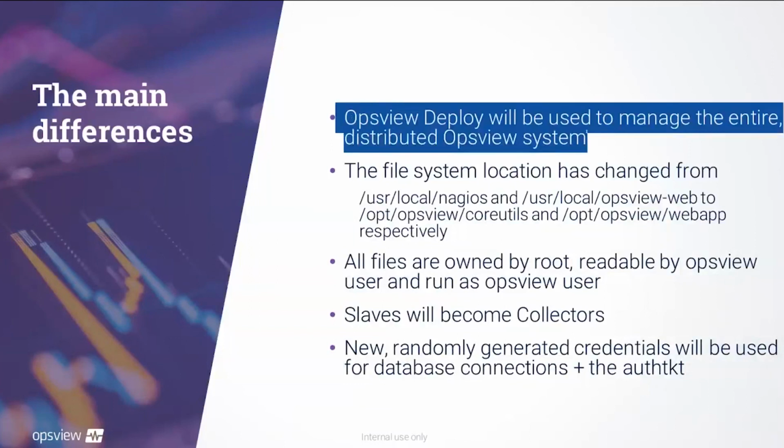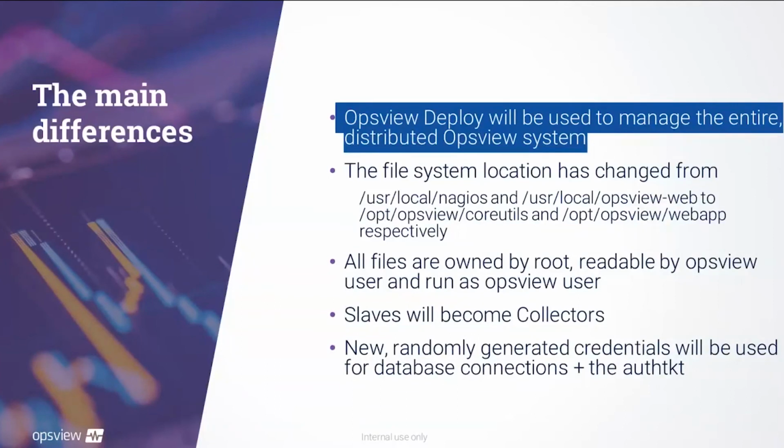So we'd expect nothing else running on there. We'd want to maybe change a couple of system settings, so open file limits, file handles, that kind of thing. So we would hope that those changes would not affect anything else.